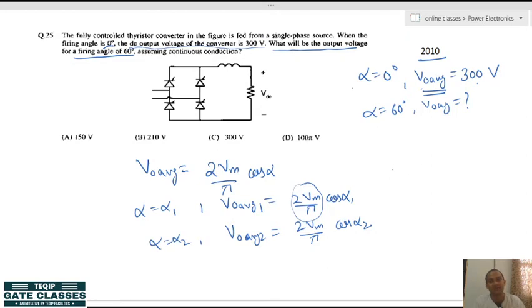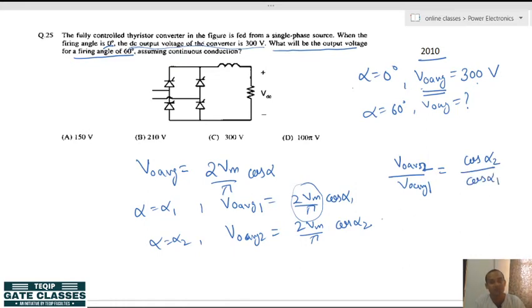So let me take the ratio, V naught average 2 upon V naught average 1 is equal to 2 Vm upon pi, 2 Vm upon pi, while taking the ratio will be cancelled out. So we can simply write cos alpha 2 over cos alpha 1.